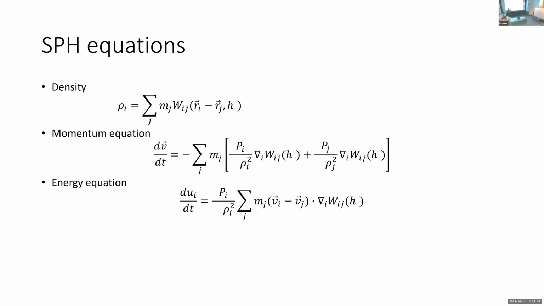But these equations are valid only if h is constant. That is not very clever to use, because if you have a system that is changing in length scale rapidly, like in a collision of planets, you're then not resolving either the big scales or the small scales.